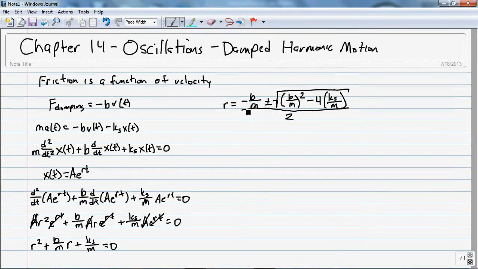Well, let's separate this out a little bit. And I'm going to distribute this 2 into each of these parts here. So I'm going to have minus b over 2m plus or minus 1/2 square root b over m squared minus 4 k of the spring over m.